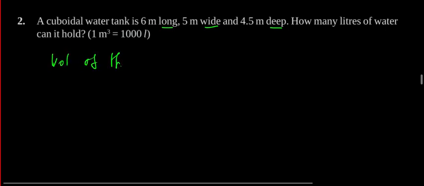Volume of the water tank. It is in the shape of a cuboid because length, breadth and height are different. The water tank is 6 meter long, so length is more.